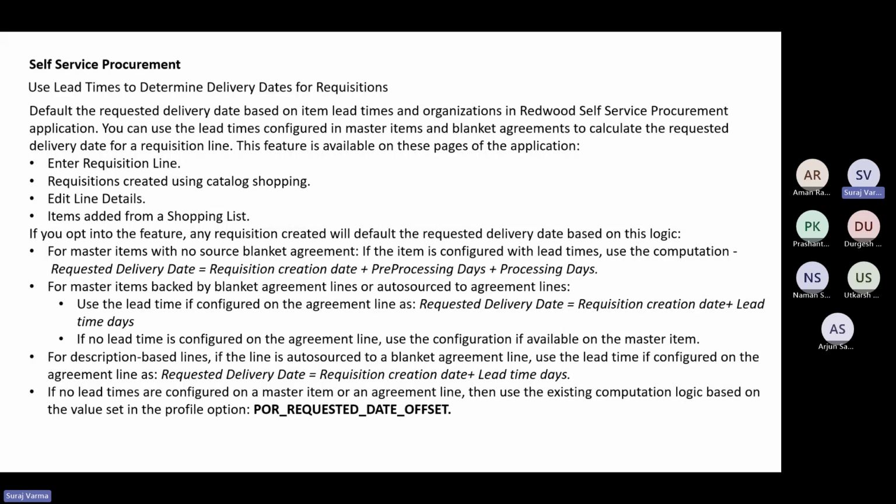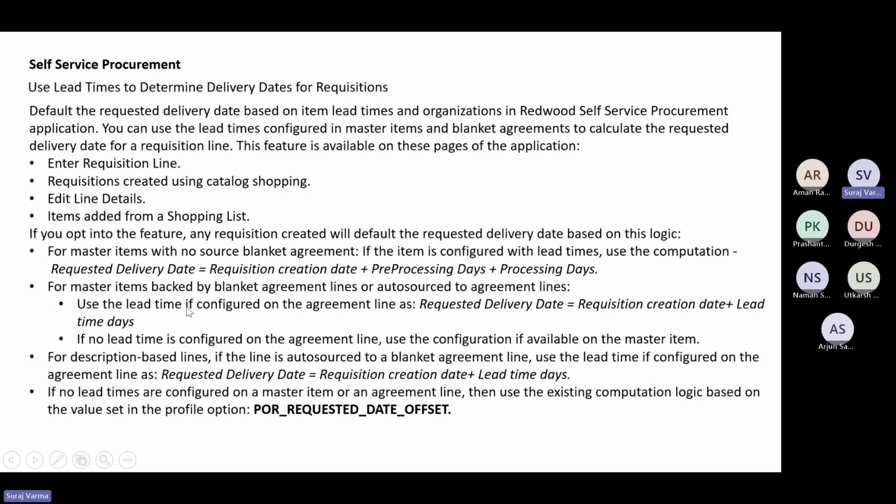So if for any item-based purchases you have the lead times configured as part of your item master, it can be used to calculate the requested delivery date. For master items with no source blanket agreement, it will take the requested delivery date equal to the requisition creation date plus the pre-processing and processing days. It will add it up and provide those values.